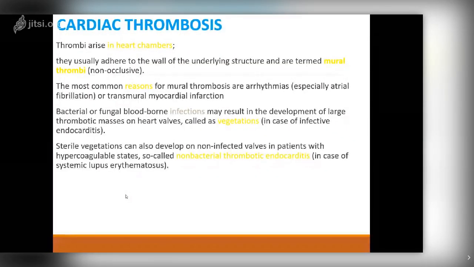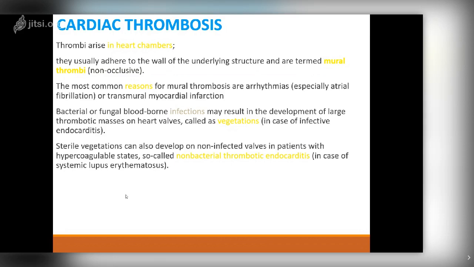Cardiac thrombi. These thrombi arise in heart chambers. Of course, usually they are non-occlusive because it is very difficult to imagine so huge thrombus that may fill all the cavity of the heart.